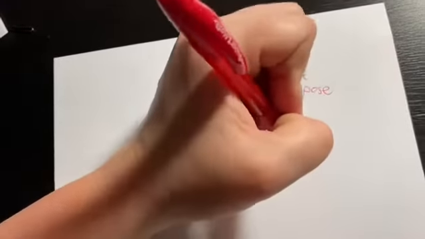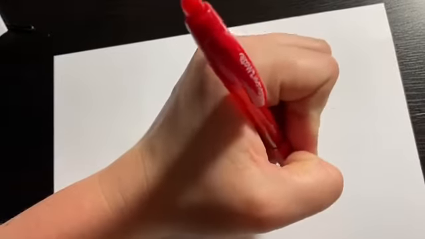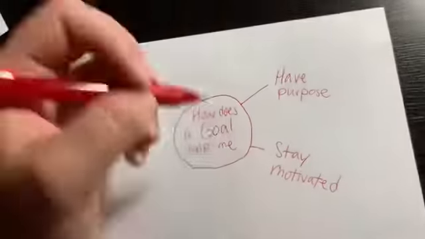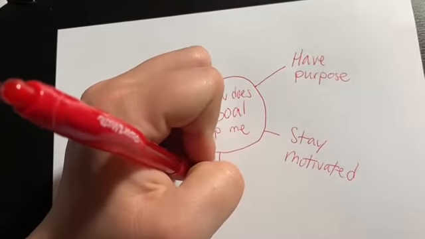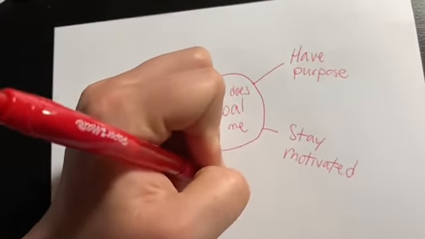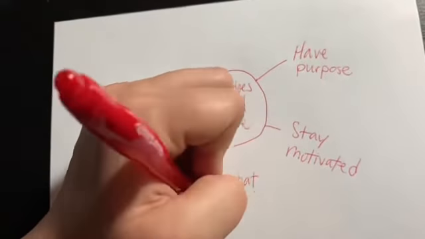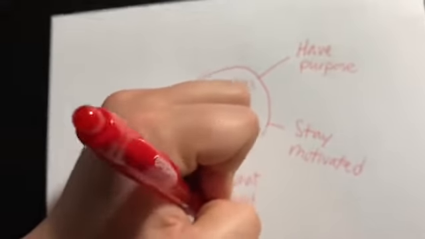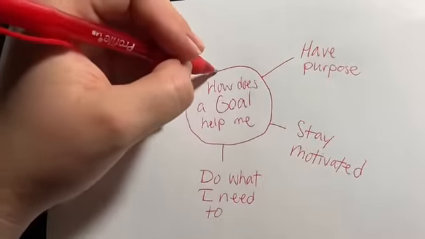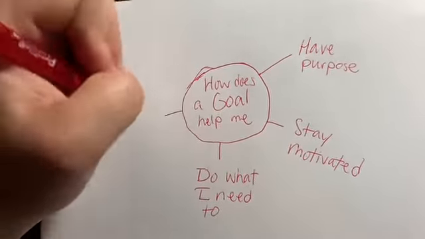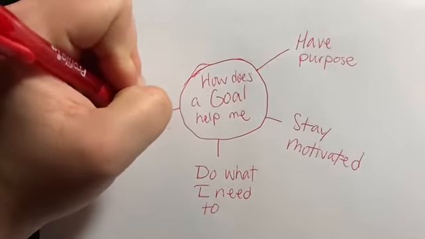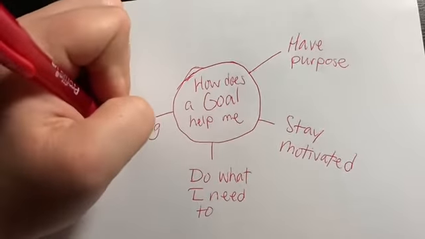Helps me stay motivated. Another thing a goal helps me do is to do what I need to meet that goal. Let's see. A goal also helps me because it's exciting and fun to think of.